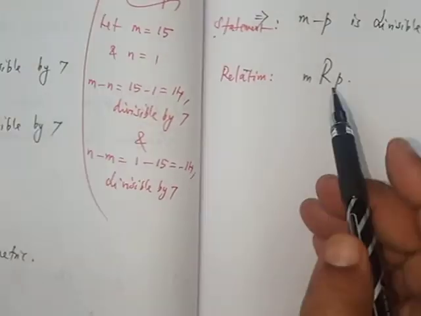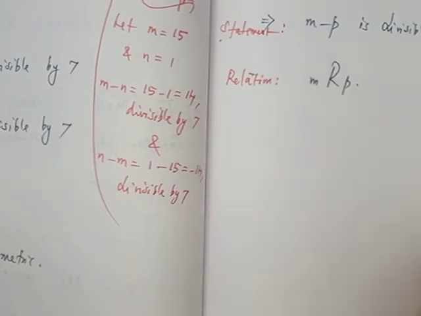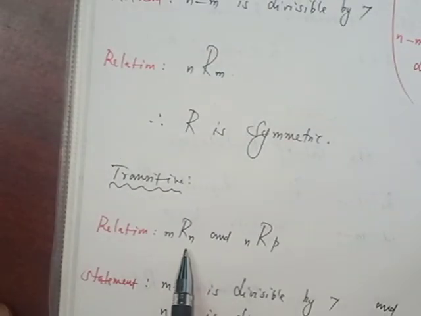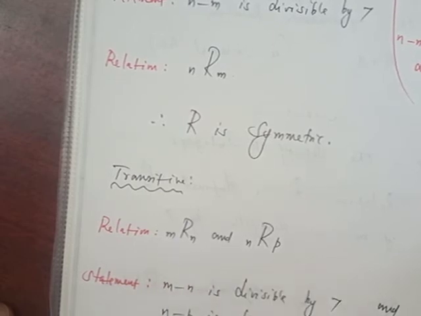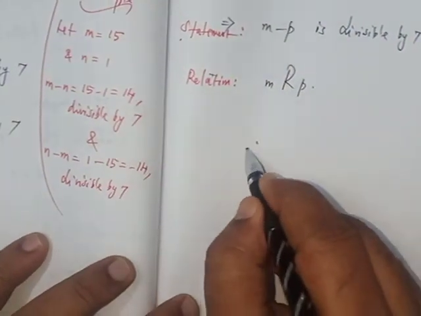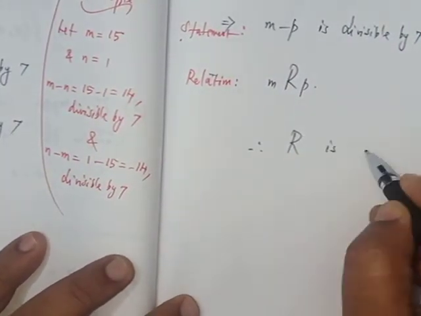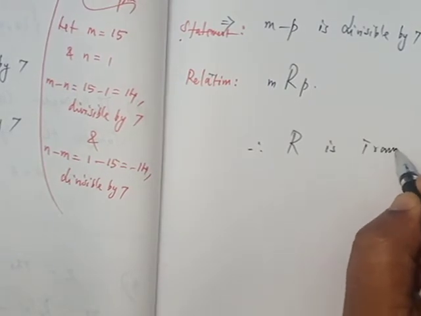Finally we proved m is related to p. Here n is common, it starts with m and ends with p. We have proved m is related to p. So what it means? m minus p is divisible by 7. Therefore, R is transitive.